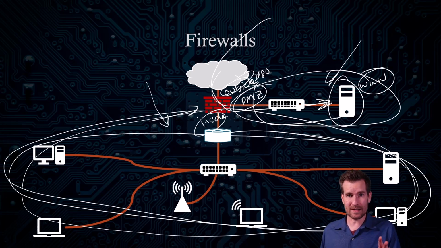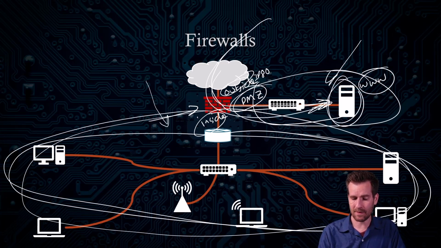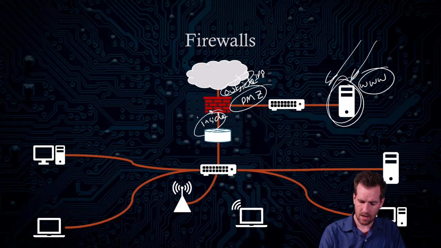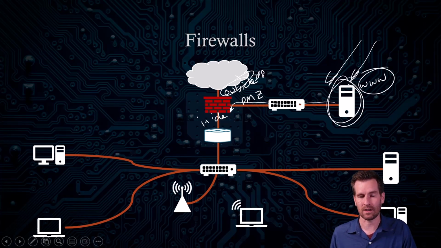Now, another reason for this DMZ is that if something were to be compromised in here, let's say somebody compromises this server right here, then you still wouldn't have access to the inside network. This DMZ does not have access to the inside network.